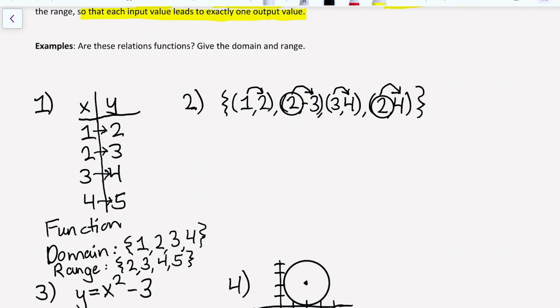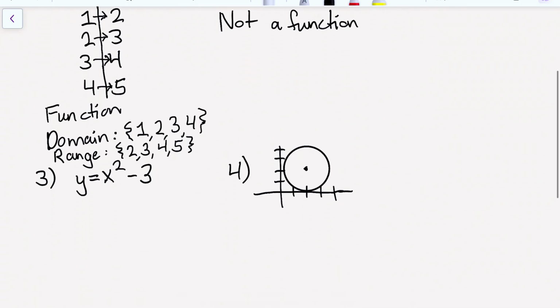In this pair, it matches with -3, and in this pair, it matches with 4. If someone were to give you an input of 2 for this relation and ask for the output, you would not know which answer to give. You would say, well, the output might be -3, but it also might be +4. Because of this, this is not a function. We could still give a domain and range here for this relation, but I'm going to move on from this example.